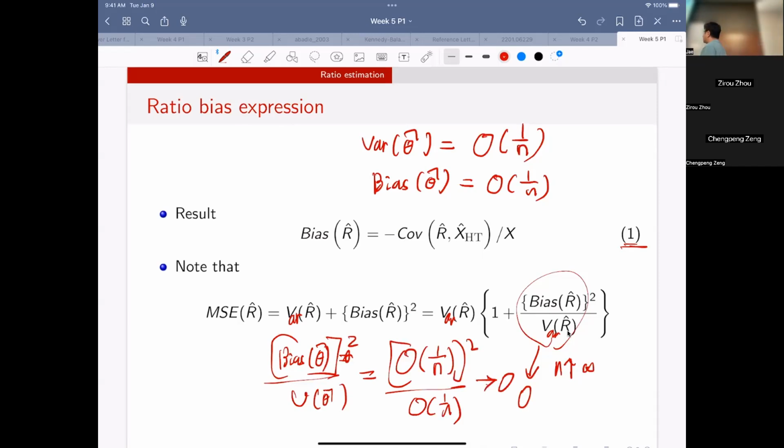So the denominator goes to 0, the numerator goes to 0, but the numerator goes to 0 faster than the denominator. Then overall it will go to 0. That is what I'm going to show. Okay.